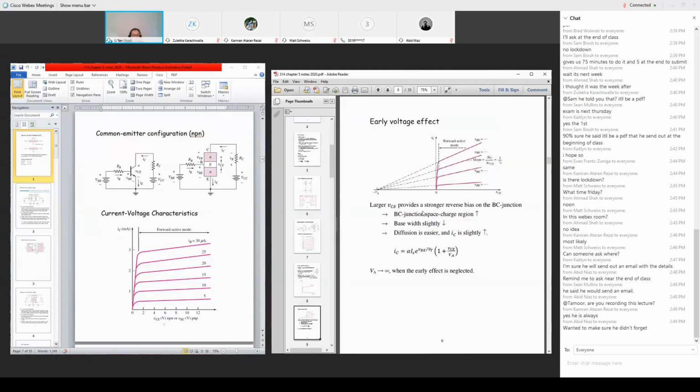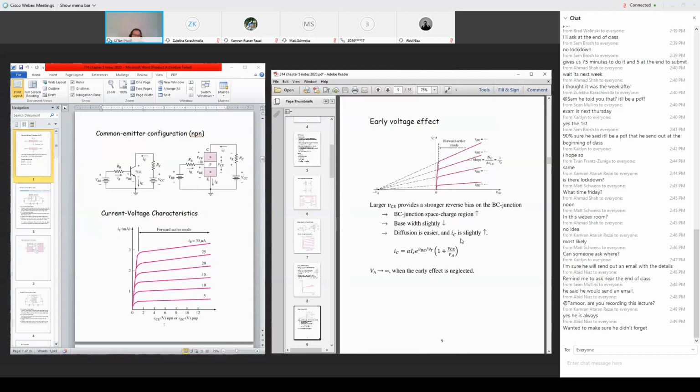The consequence is that if the reverse bias condition on the BC junction is stronger, then the space charge region at that junction will expand and become larger. Consequently, the base width will slightly shrink. That makes diffusion of majority carriers from the emitter across the base easier. Because crossing the base is easy, they can better get into the collector.